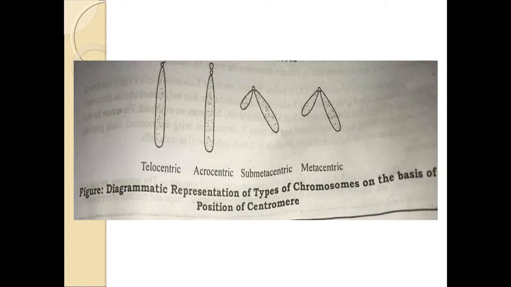Next we have submetacentric. The centromere will be present away from the midpoint, away from the middle of the chromosome.